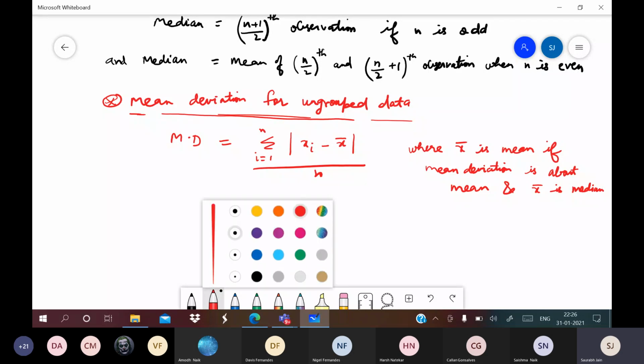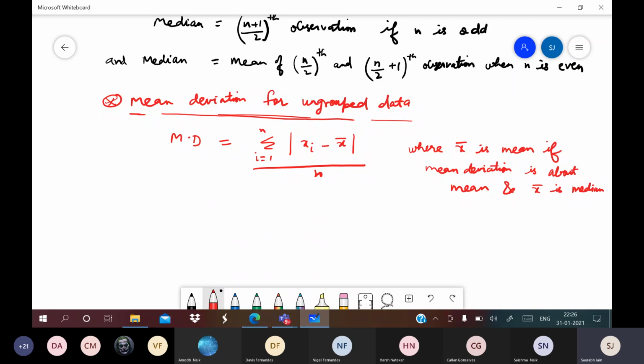Or let me do one thing in order to avoid confusion. Let me write a different term, say a, where a is mean or median, depending on whether the mean deviation is about mean or median.